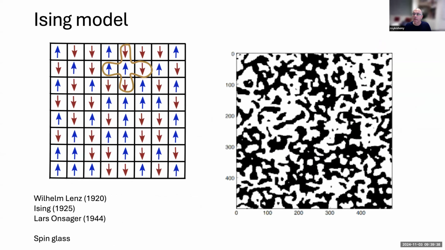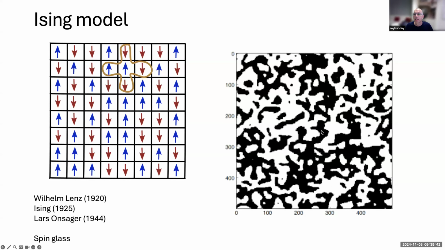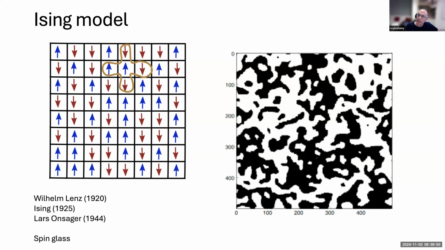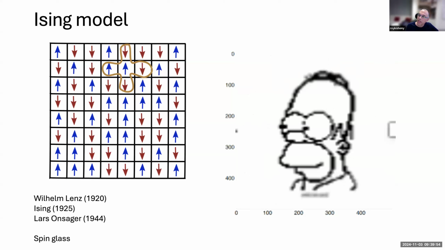That creates dynamics that lead to patches of co-aligned spins. And I think in Hopfield's mind, he looked at that and said, can I use that idea, but to create a pattern that I want?